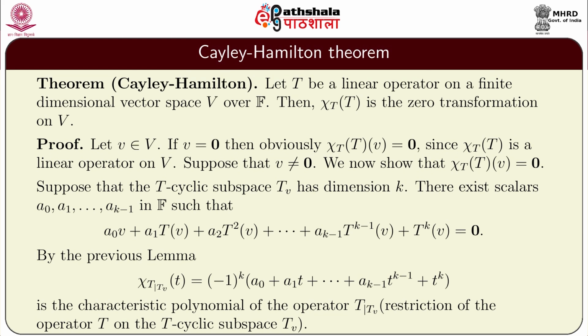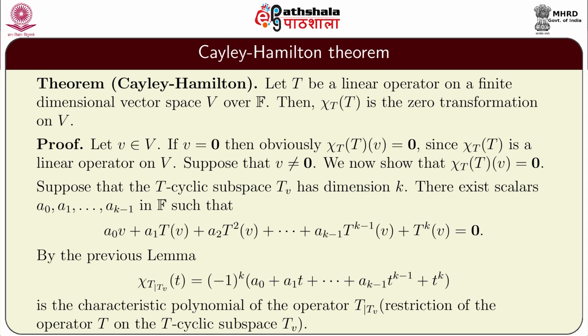Consider the T cyclic subspace T v. If dimension of T v is k, then there exist scalars A0, A1 and so on up to A k minus 1 in F, such that A0 v plus A1 T v plus A2 T square v and so on A k minus 1 T to the power k minus 1 v plus T k v is equal to 0.